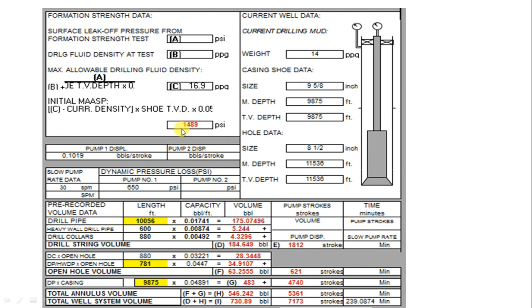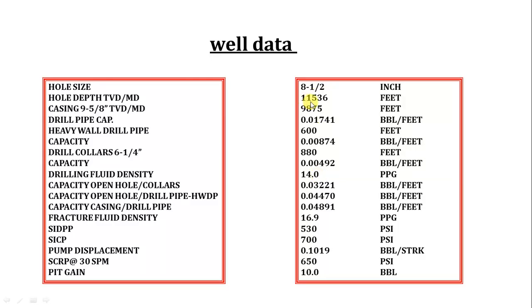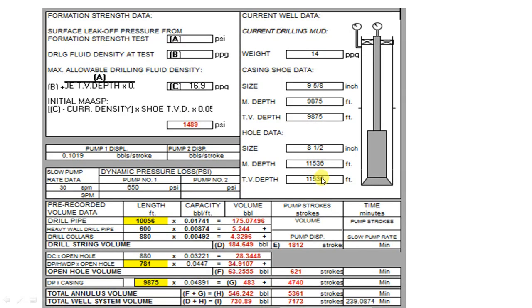This is the kill sheet. Take care of everything. We will talk about this now. Here is the data of the well. This is the true vertical depth of the pit, which was 11,536, so we put it here, and the measured depth is also the same. Its size is 8.5.